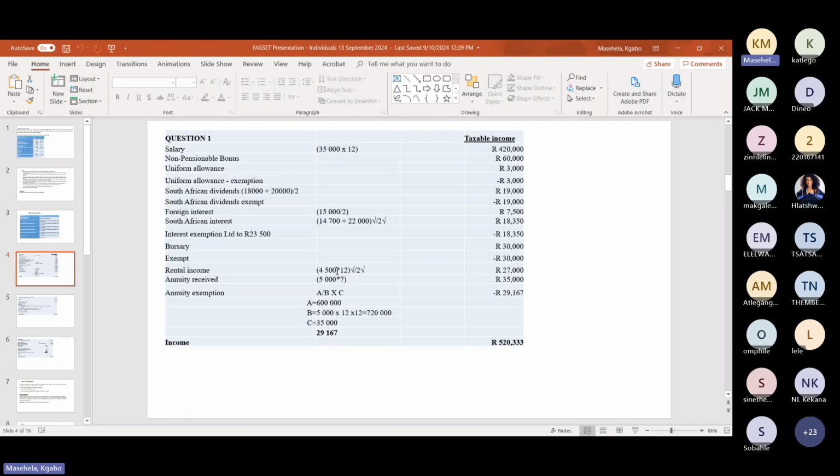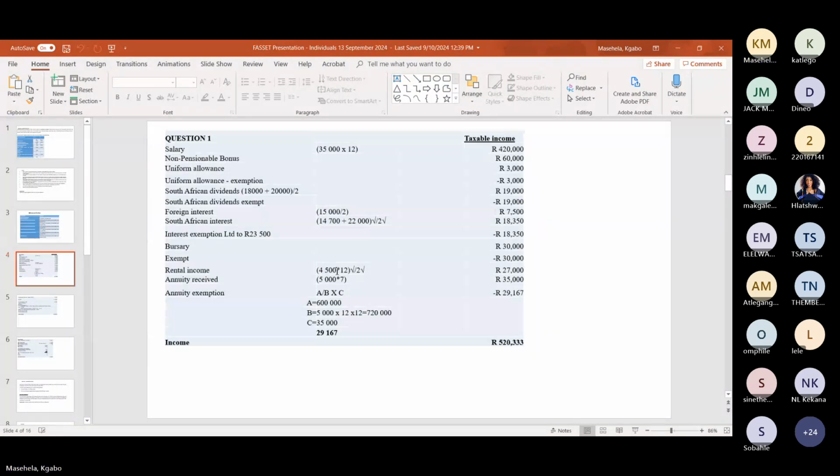When it is paid to an individual, already the tax has been taken from that amount. That's why it cannot be taxed twice, because it's already been taxed before it is paid to an individual. That's why we can boldly say that South African dividends are exempt in full.